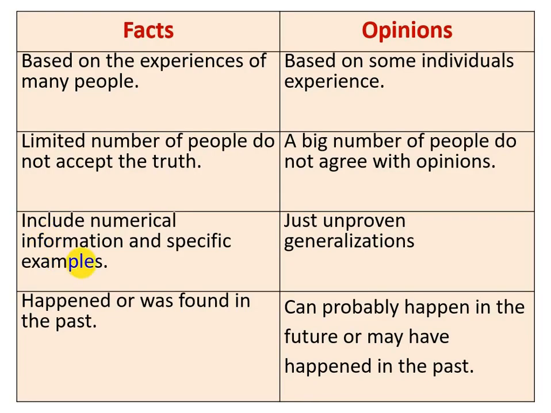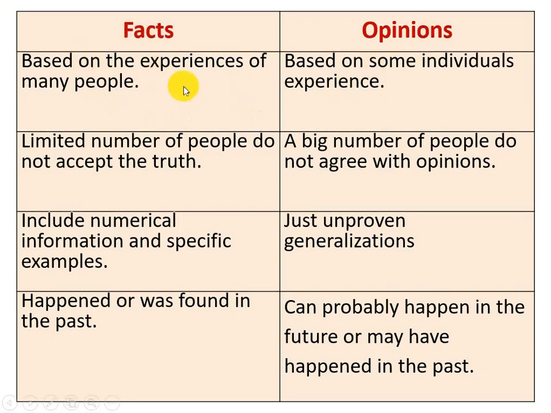So we can have this table to compare in more detail between facts and opinions. For example, facts are based on the experiences of many people, while opinions are based on some individuals' experience. The majority of people adopt facts, but the majority of people do not adopt the same opinions.